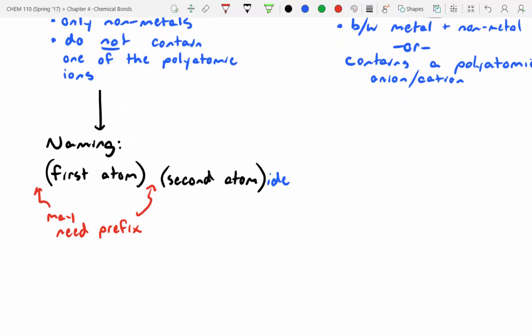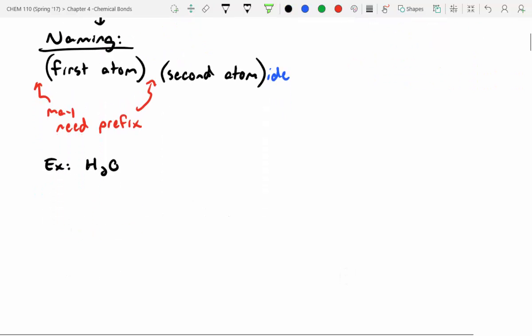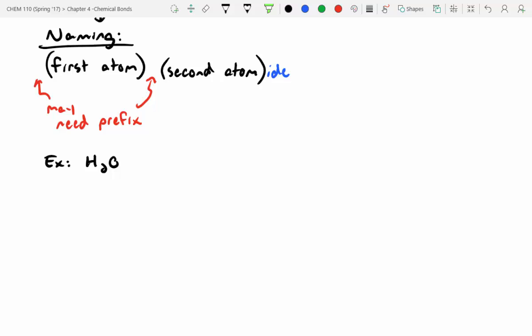So let's do one example and then we'll jump into practice. So H2O. If we're naming this, we've got hydrogen as our first atom. Do we need a prefix? Yeah, there's two of them, right? So we don't include mono if it comes first.